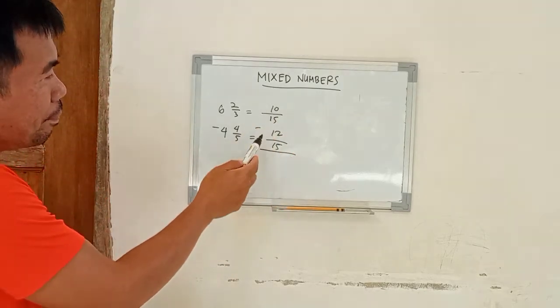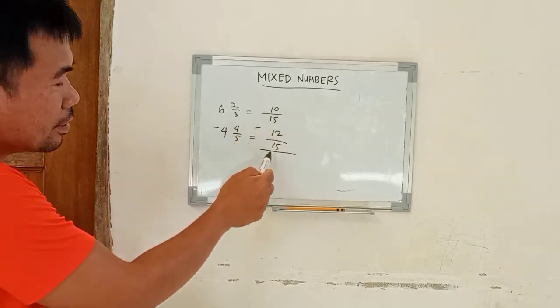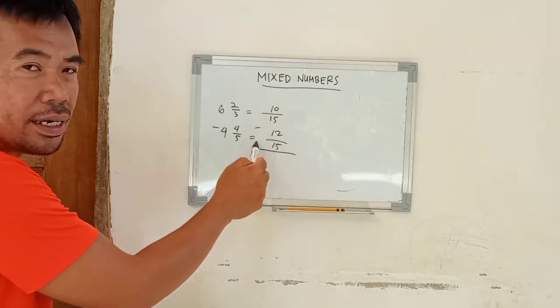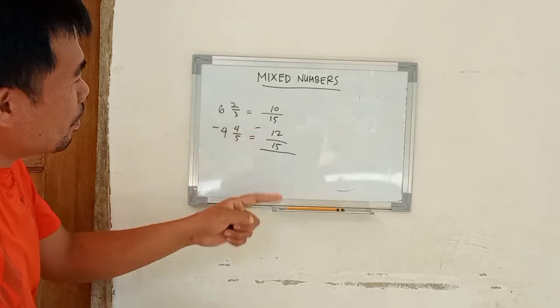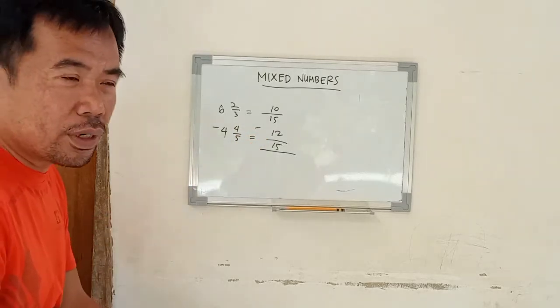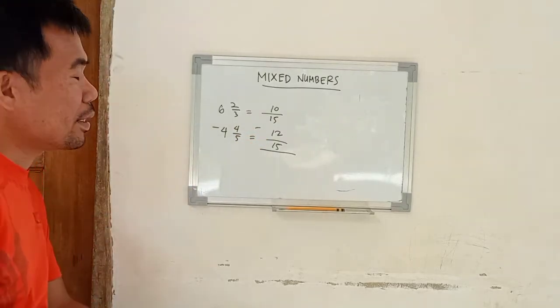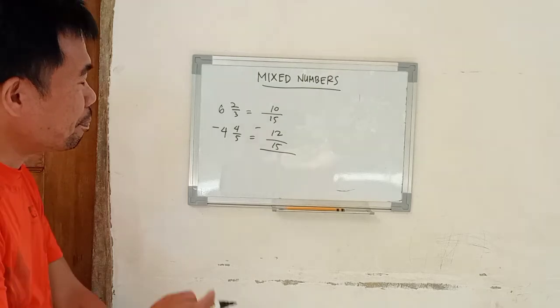If you observe, the number here is less than the number here. So 10 over 15 minus 12 over 15 gives a negative result, so it cannot be possible.